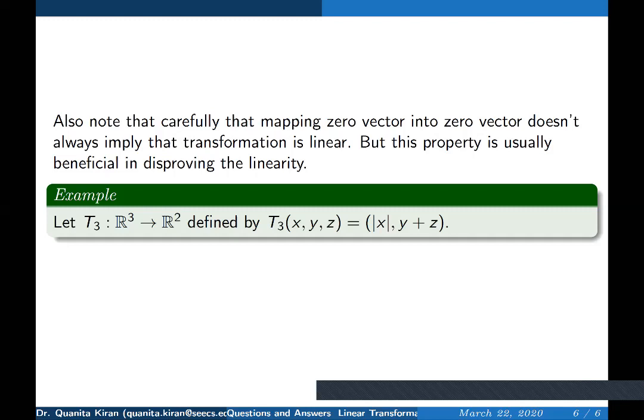But this property is usually beneficial in disproving linearity. That is, if a transformation does not map 0 into the 0 vector, then it is no more a linear transformation.